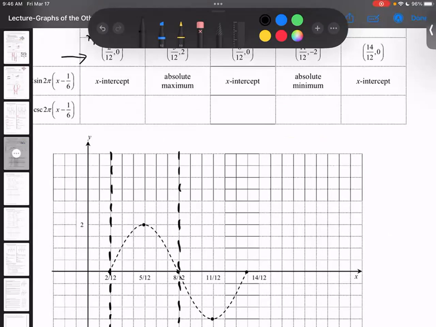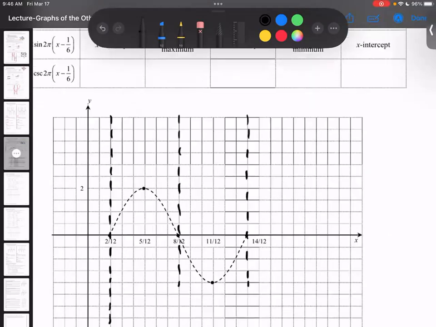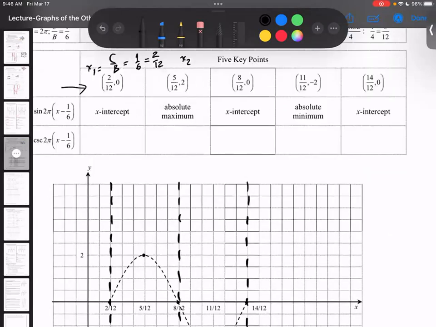And 14/12 as well. Vertical asymptote, vertical asymptote, vertical asymptote, to make it consistent with the graph.